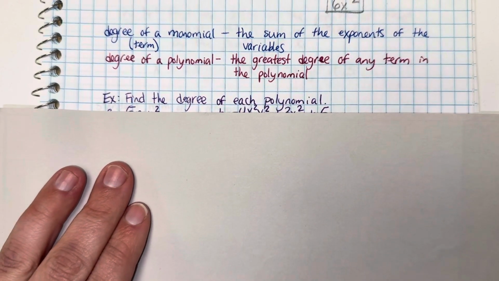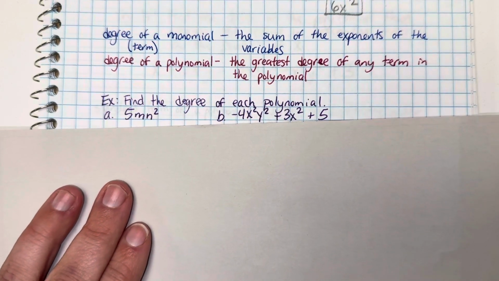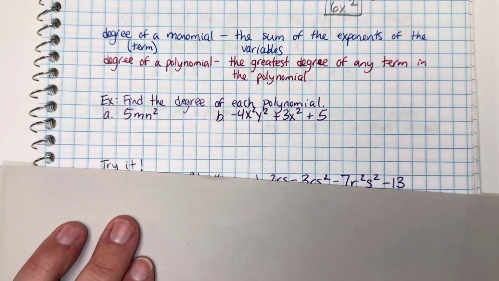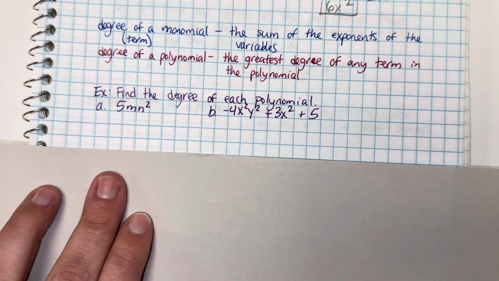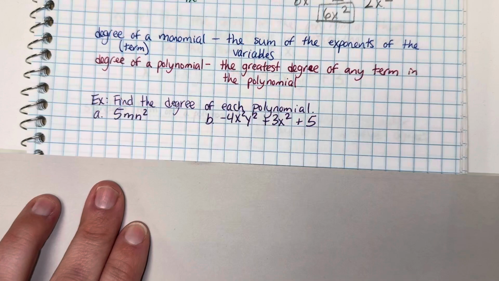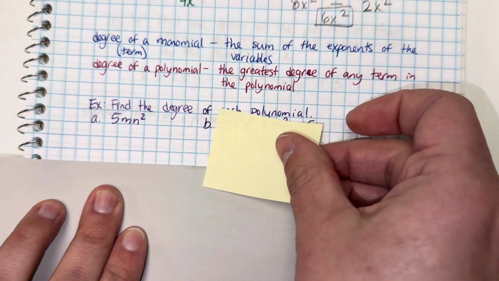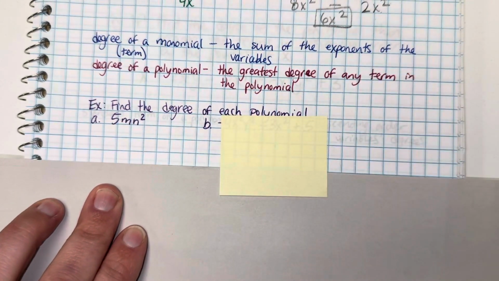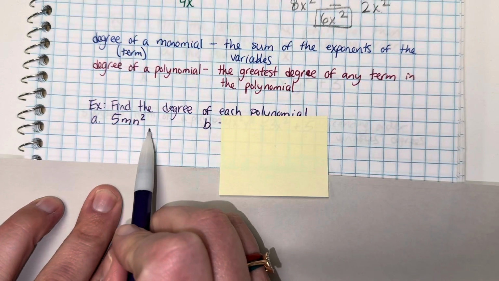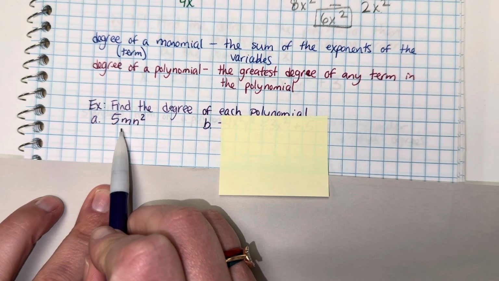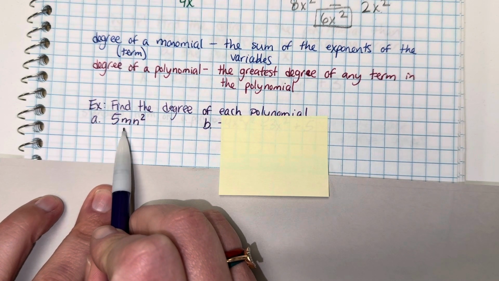So find the degree of each polynomial. So here's my first one for you. I'll give a little note to hide this one. Okay. So we have a monomial here. So all we're going to do is find our exponents and add them together.